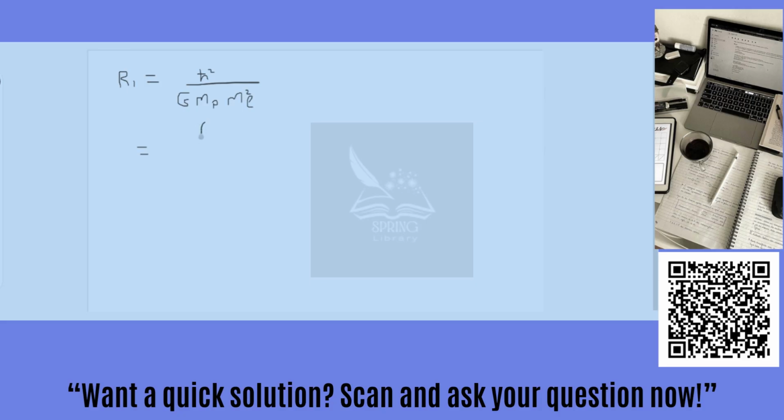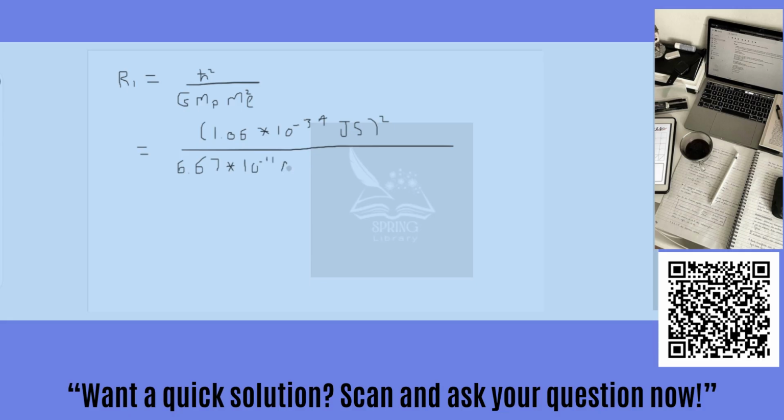So for h bar, it's 1.06 times 10 to the negative 34 here. And it has the units of joule second. Let's write this down. And all this is squared. This is over what? Over G. G is known to be 6.67. There are very small numbers here, and this will make all the difference, by the way.